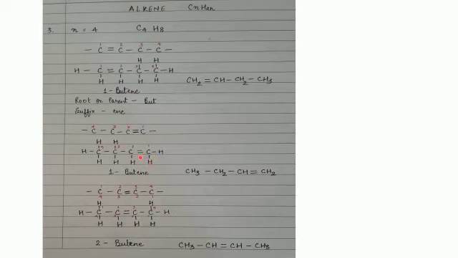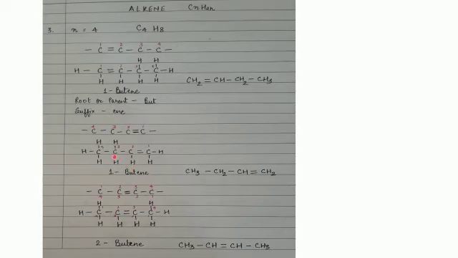Double bond is already present here. So octet is established here with 8 electrons. Coming to this carbon, here we have 4 electrons plus 2, that is 6, 7 and 8. So only one hydrogen will be required.